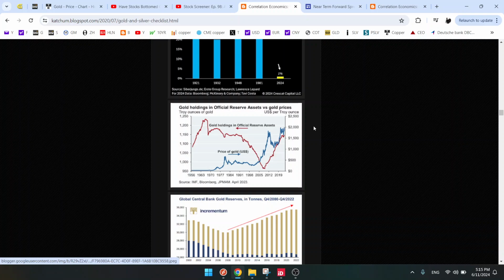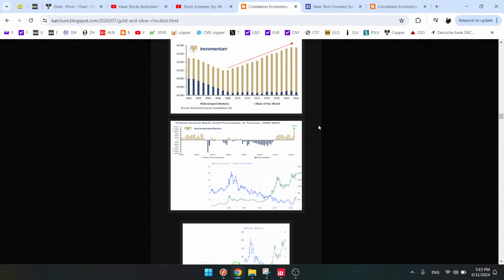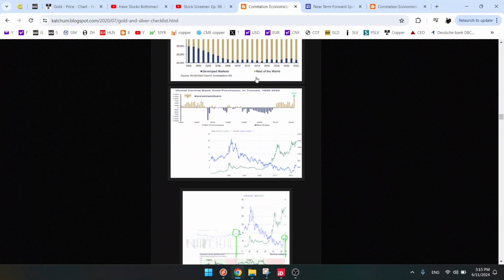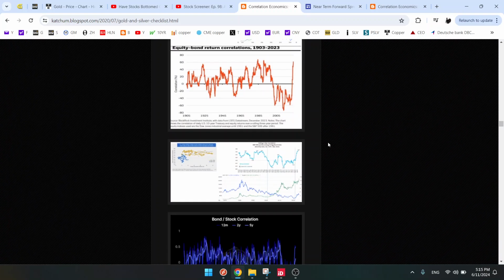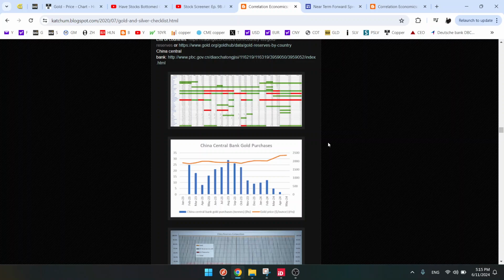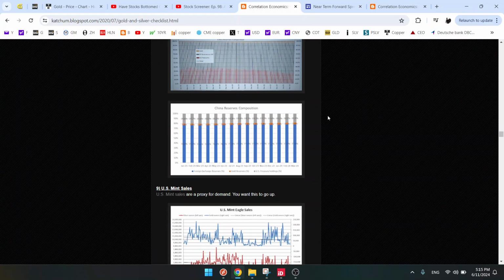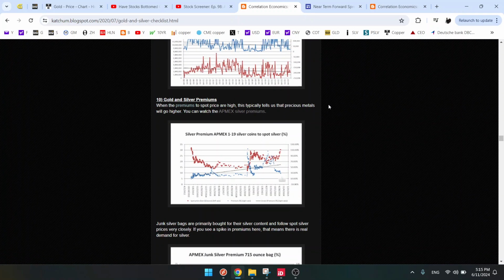Central bank holdings need to be looked at. So this is the medium term. The long term was the cycles on the yield curve. These are medium term indicators that I'm looking at right now. Okay, medium term. The central bank things, the China, you can look at that month over month. Mint sales, also medium term indicators.